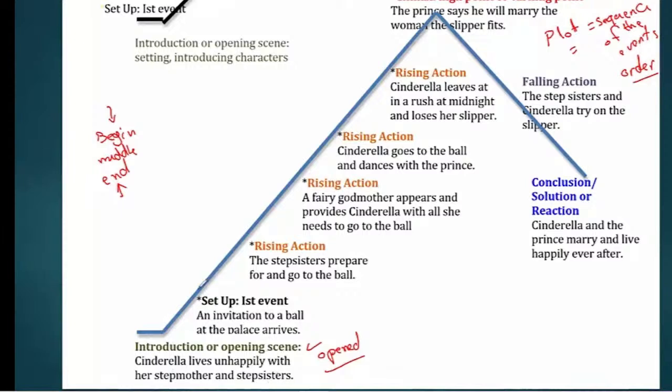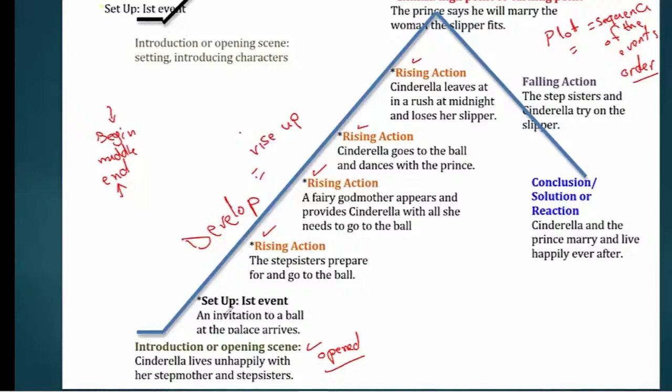Then your events should logically develop. Start to develop your events step by step in logical order, which we name rising action. Rising action means the events start to rise up, which means develop. Logically, a story won't stay in the same moment.